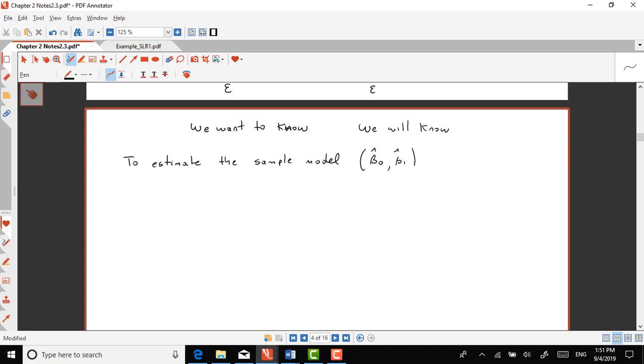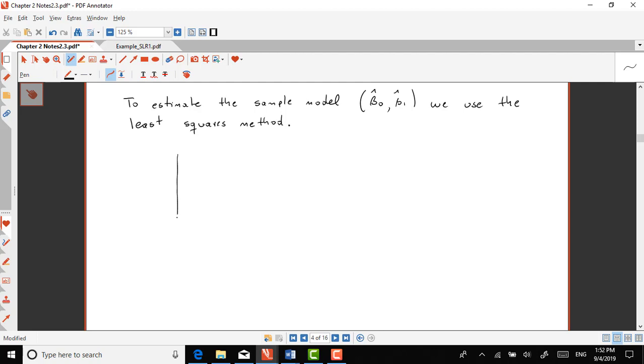Once you have the coefficients, you have the line, and once you have the line, you can obtain everything else. So to estimate the sample model, we use what's called the least squares method. And I'm going to try to give you some intuition on how this thing works.